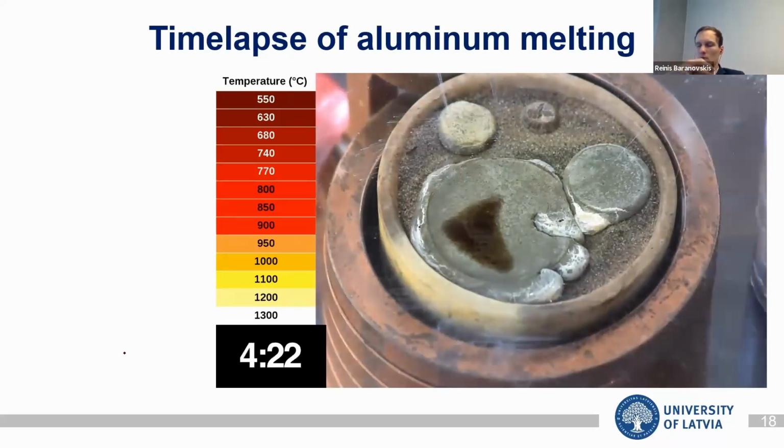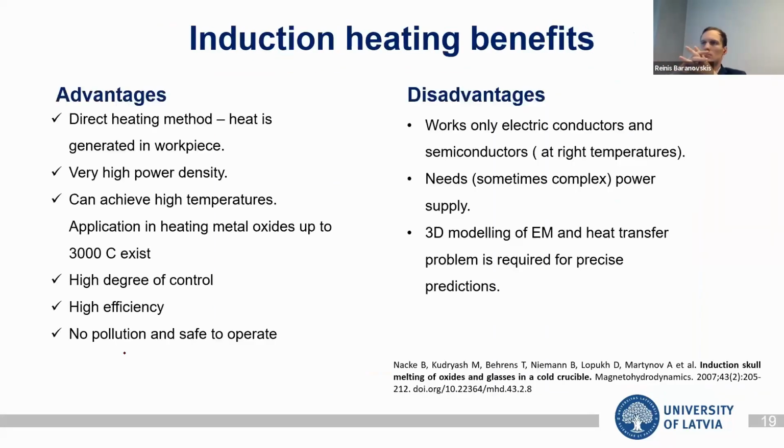So overall, wrapping up the induction heating, the benefits: one thing I would like you to remember is that induction heating is a direct heating method. So the heat is generated in the workpiece, and that allows us some very high power densities, more than maybe other methods. Let's say if we compare it to gas heating, it heats only the surface.